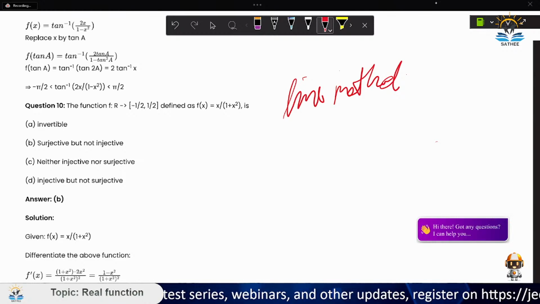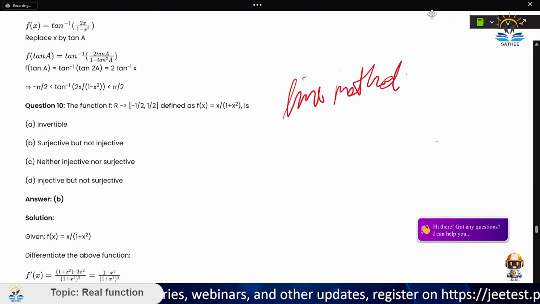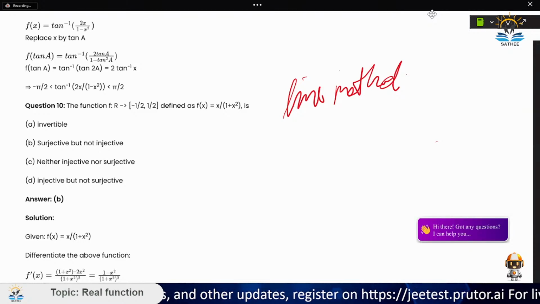Okay. So here you can see that, yeah, the definition, we were talking about the line method, right? So I'll tell you what the line method for calculating is.